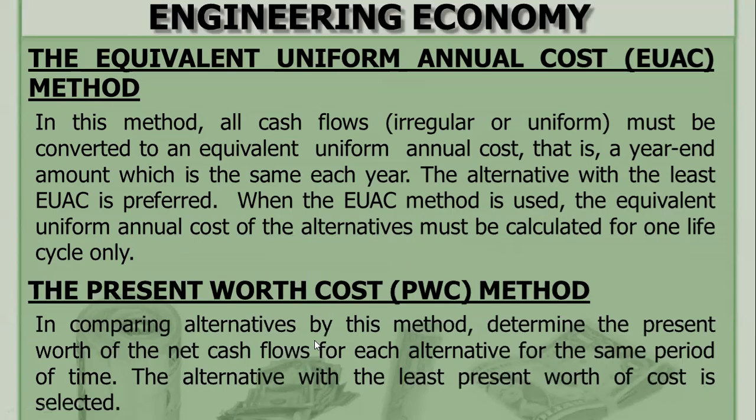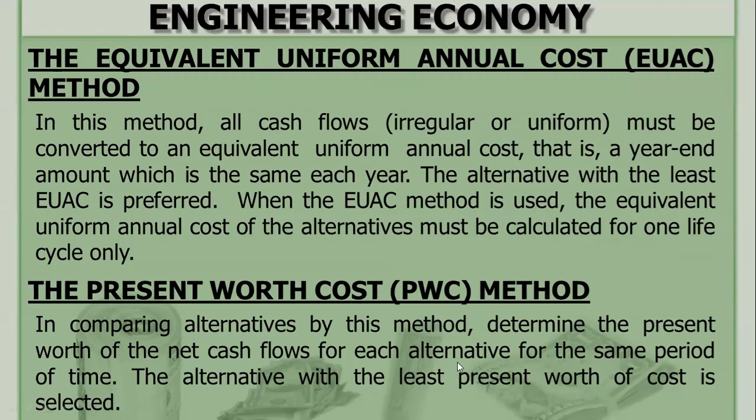In comparing alternatives by this method, determine the present worth of the net cash flows for each alternative. Take note for the same period of time. The alternative with the least present worth of cost is selected. Take note, same period of time.